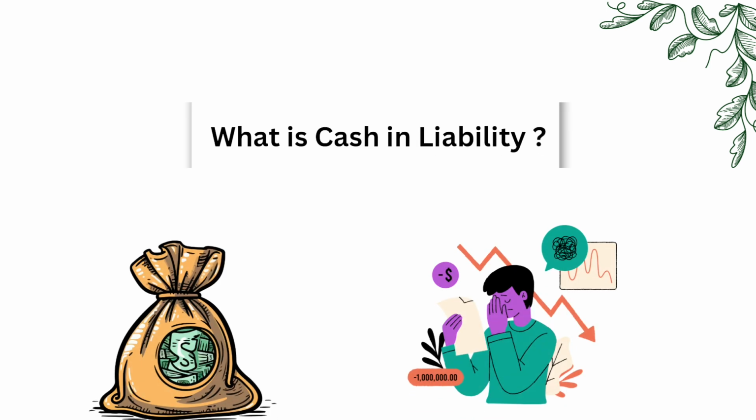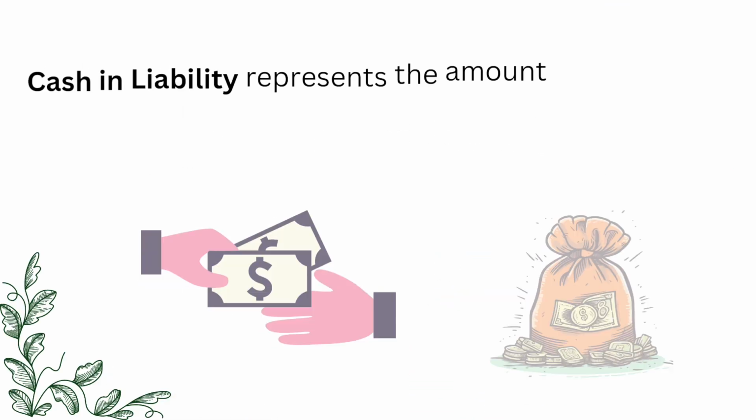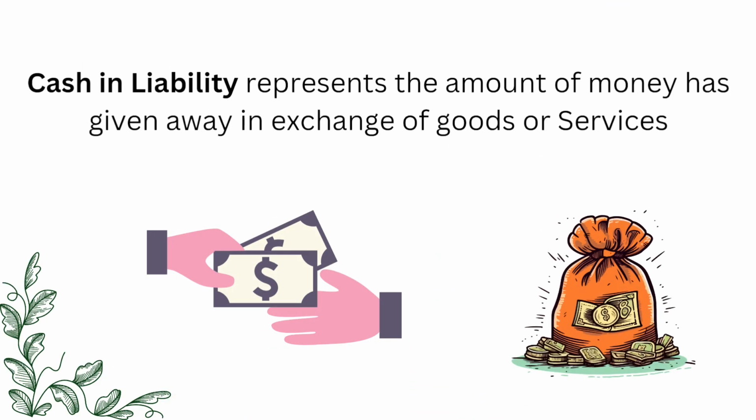Now, what is cash in liability? Cash in liability describes all the amount of money we have paid in exchange for some goods and services, like paying for utilities or paying for rent.